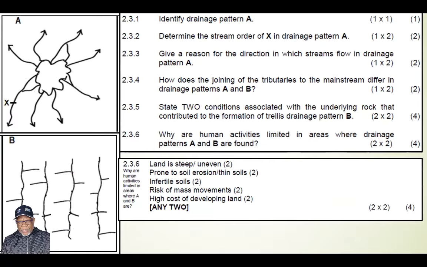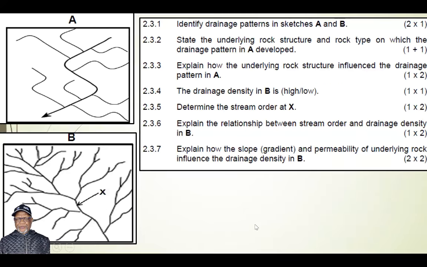That is why they are not easily habitable. Land is steeper, it's prone to soil erosion, the soil is infertile, there's a risk of mass movement, high cost of developing. It's not easy to develop there. So there are a number of reasons that we can give why this is not easily habitable.